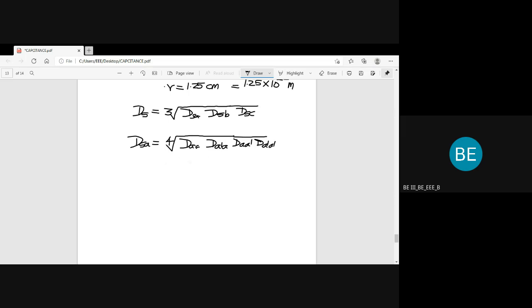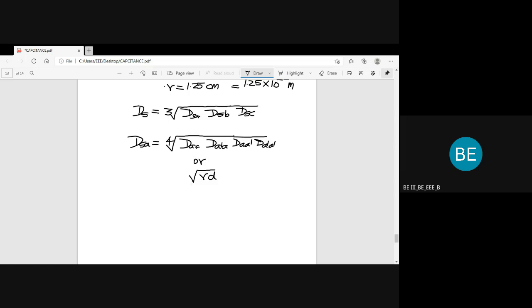Or we have another formula, the square root of r times D. In inductance we use r dash here, but in capacitance I will use only r. That is the difference. Okay.